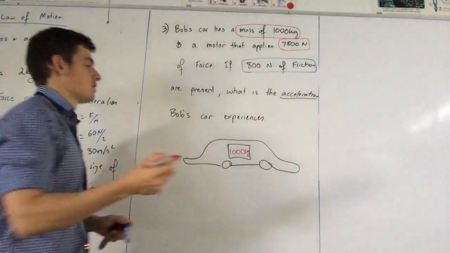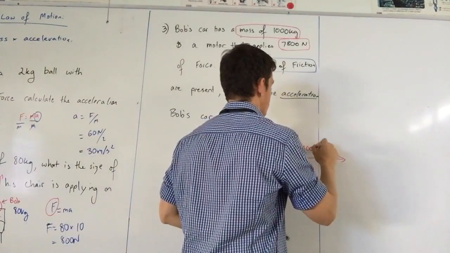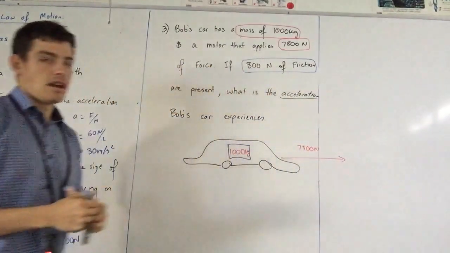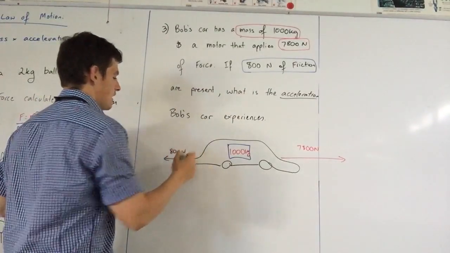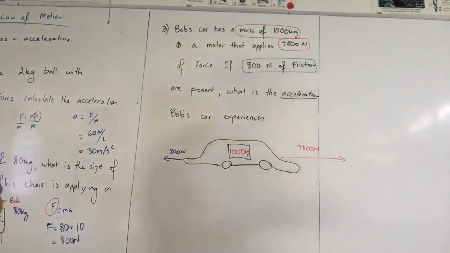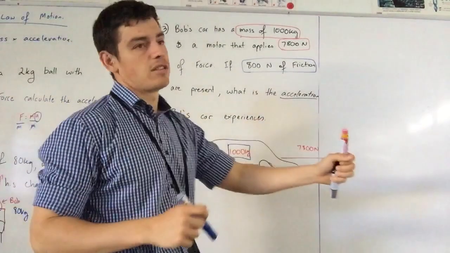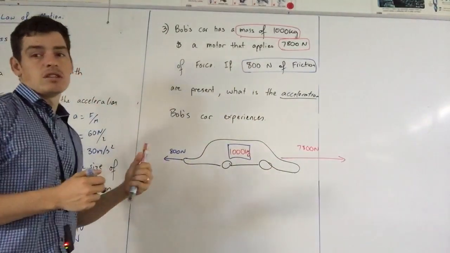Let's just say this is the direction the car is travelling, forward. That is 7,800 newtons at max. And in the blue is our friction. Friction always applies against motion, so if we're driving forward with 7,800 newtons, the 800 newtons will be applying in reverse.